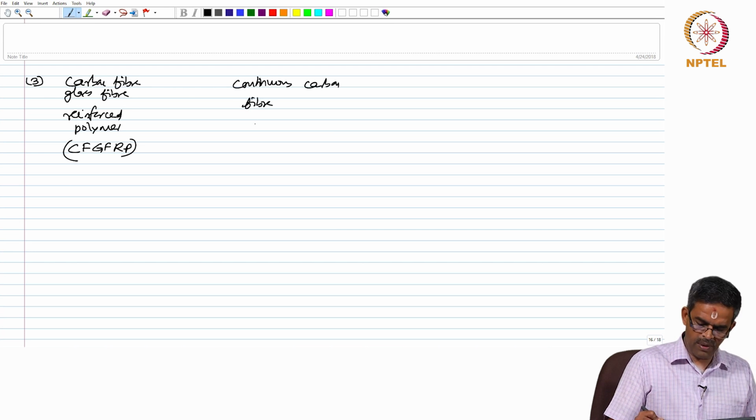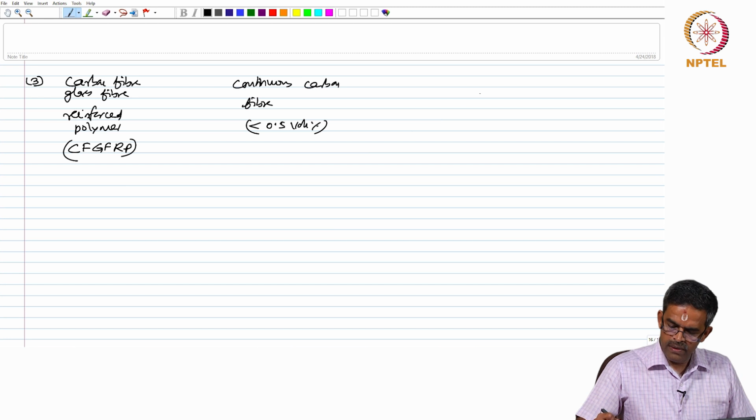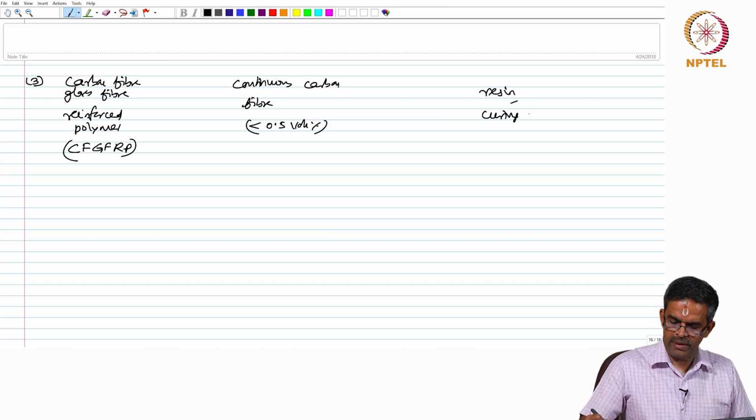The mixture is having less than 0.5% volume percentage. Resin and the curing agent are used as a matrix.